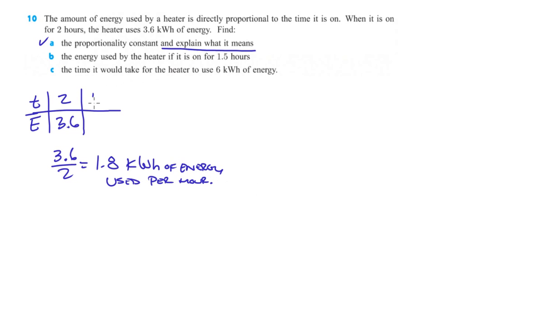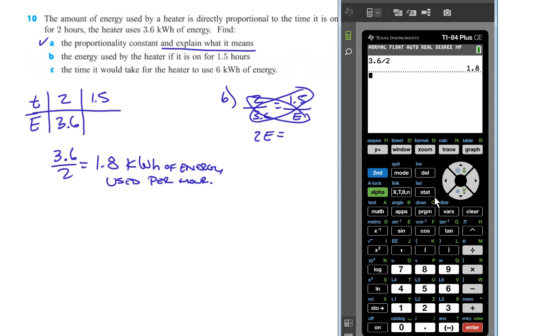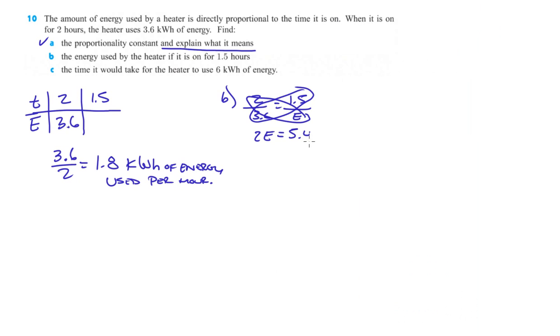Okay. The energy used by the heater if it's on for 1.5 hours. So now we could simply just do a 1.5 here, right? And then we could set up 2 over 3.6. This is part B. It's going to equal 1.5 over our E, we'll call it, for energy, right? So this times this is going to equal this times this. So 2E is going to equal 3.6 times 1.5, which gives us 5.4.